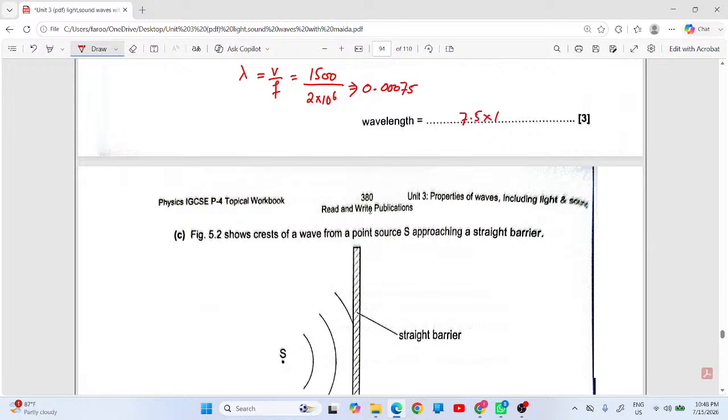So this is 7.5 × 10⁻⁴ meters, that is 0.00075 meters.